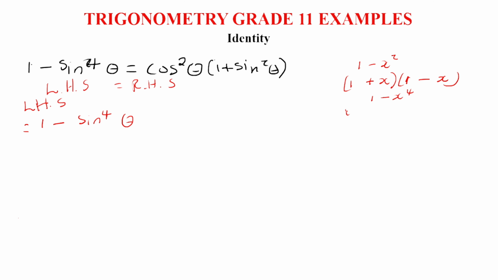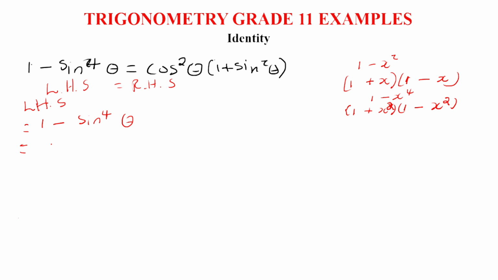You would come here and say double bracket, because this is the difference between two squares. 1, 1, then plus x squared, x squared there, and then minus x to the power of 2. Since you know how to deal with one, it should be easy to deal with this one here.